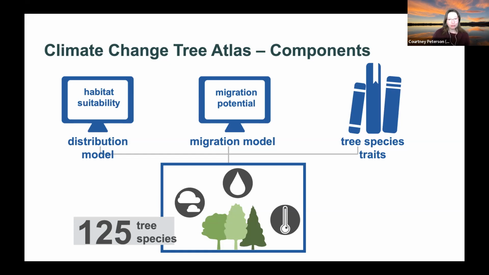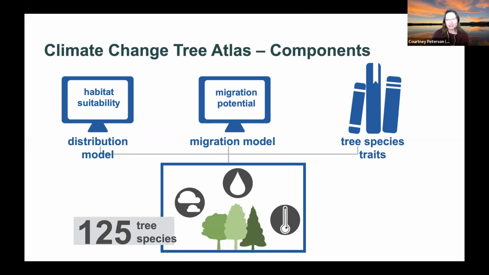When we're talking about the Tree Atlas, we're really talking about these 3 different components. Depending on which questions you want to ask and what you're trying to address with your management, you might want to look at a particular component. So you can use the Atlas to start to answer questions such as where tree species are currently located, what predictor variables such as soil type or elevation contribute to them being at that current location, and what might happen to suitable habitat and migration potential under different climate scenarios.